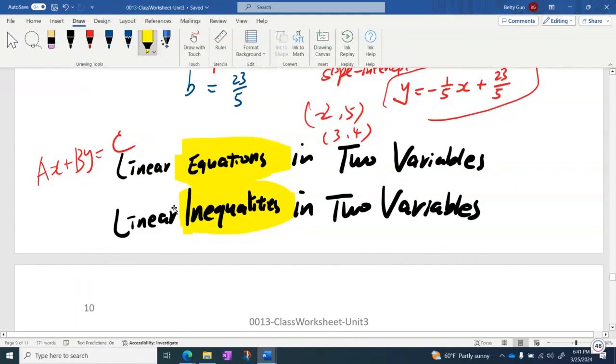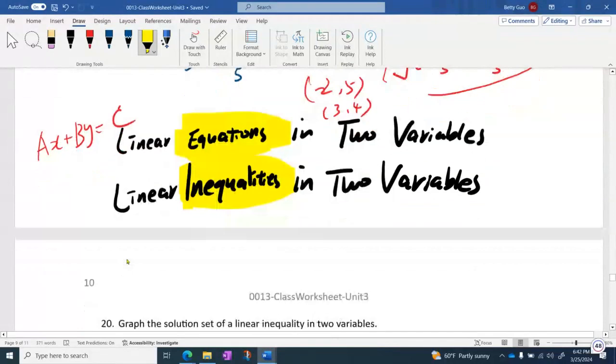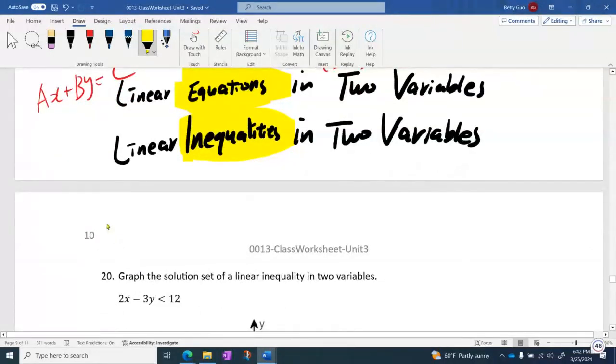Since the names are so close, the two concepts are also very closely related. Let me give you the definition for a linear inequality in two variables.